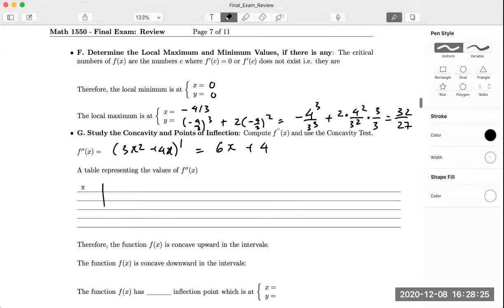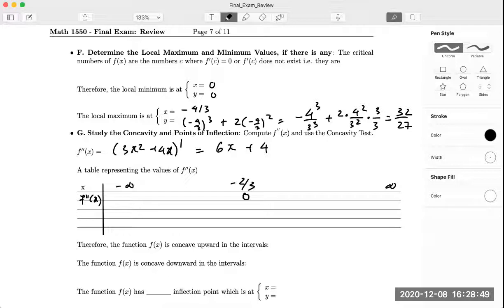Therefore, it has one solution. The solution will be negative 4/6, which is negative 2/3. At this point, the second derivative will be 0.